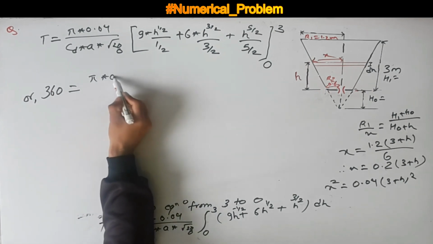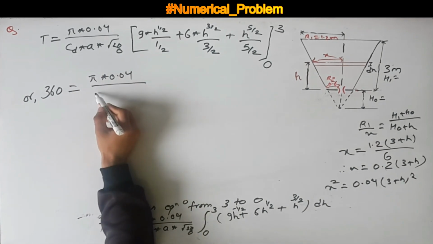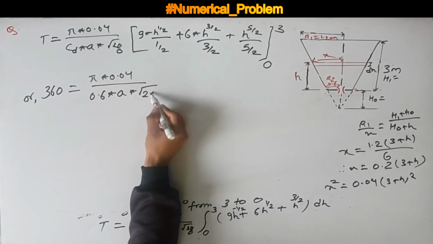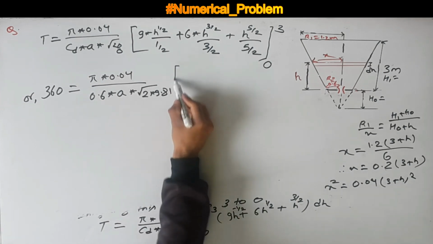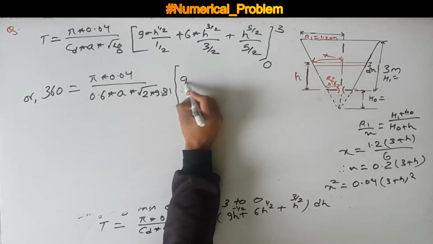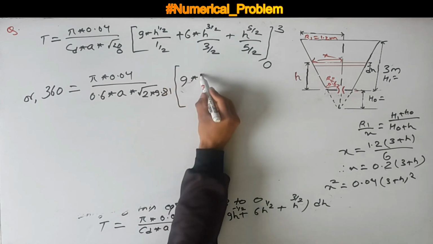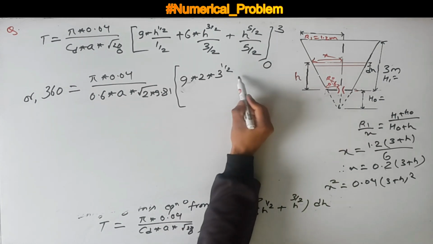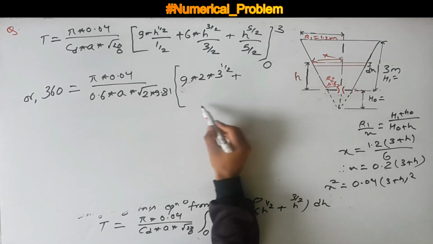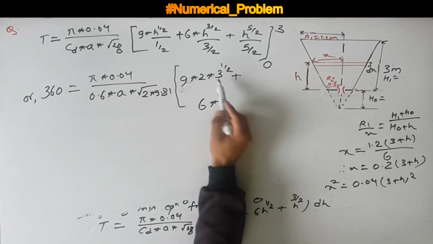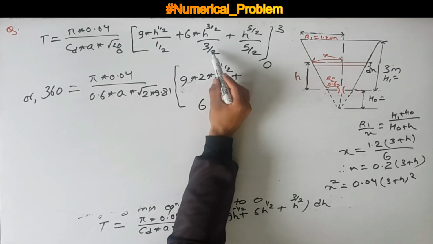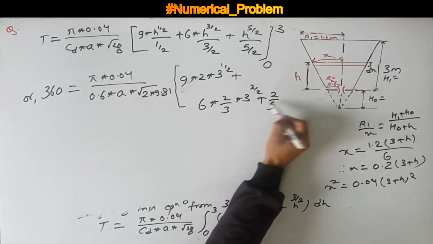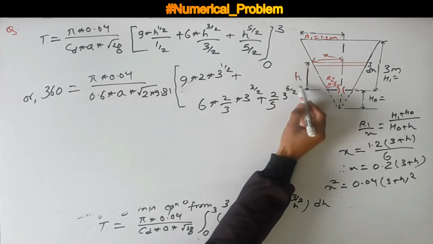This is pi into 0.04 upon the coefficient of discharge, which is given as 0.6, and this area, which we have to calculate, into root under 2 into 9.81, and we can put the limit here, this 3 and 0, into this 1 by 2 is into 2 into 3 to the power 1 by 2, plus we have here 6 into, in place of h we put 3, and here we have 2 by 3 into 3 to the power 3 by 2 plus 2 by 5 into 3 to the power 5 by 2.